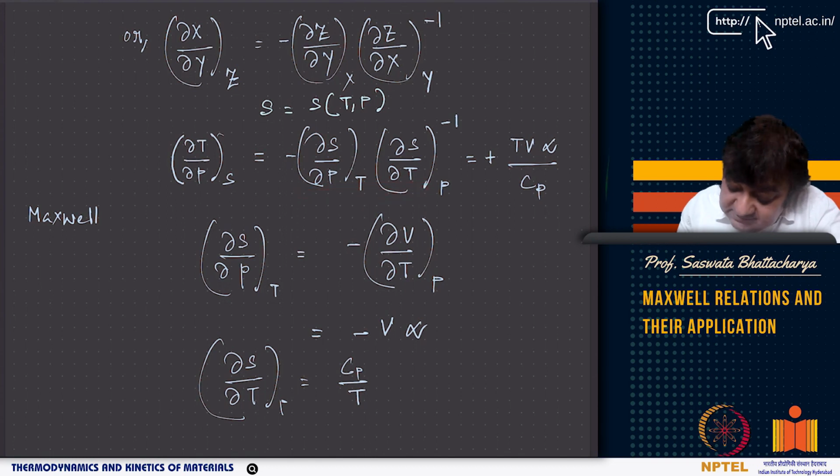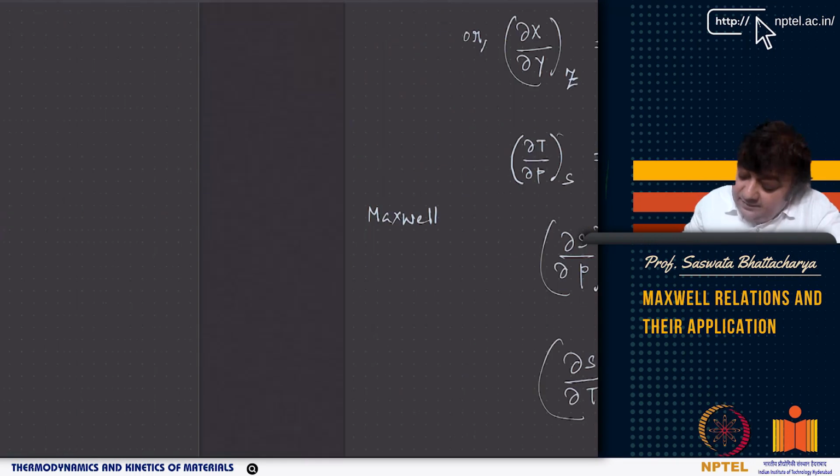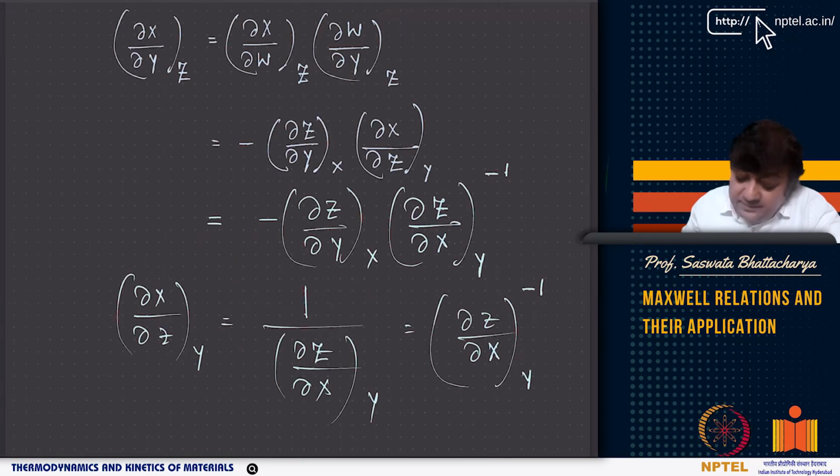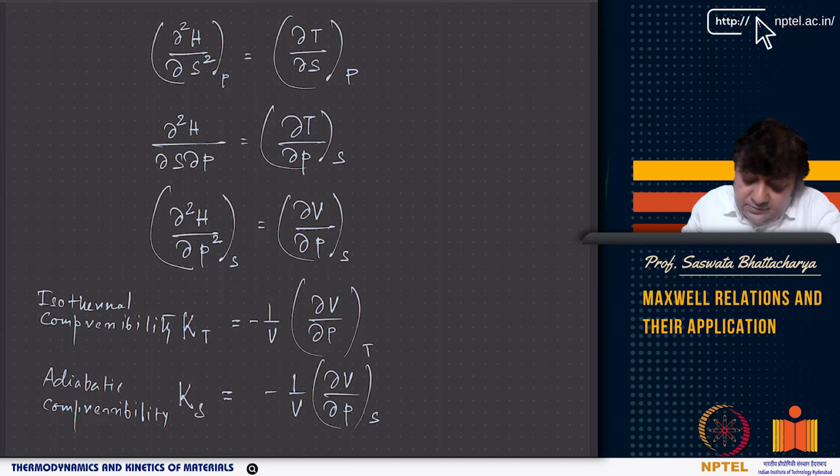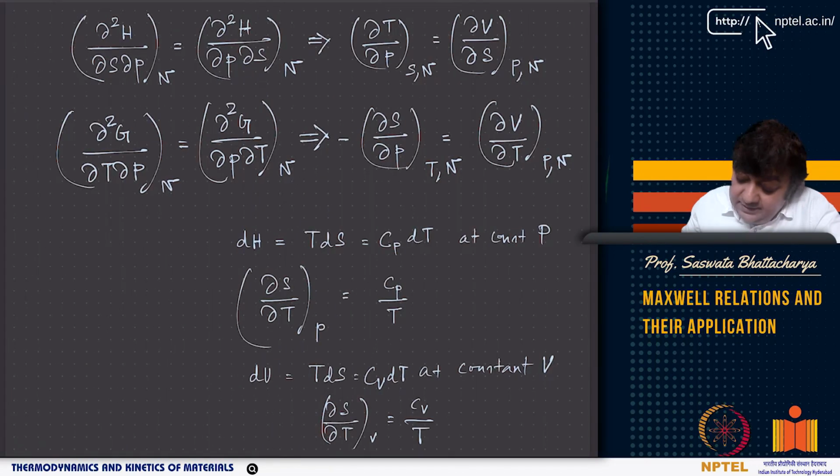Now as you can see, del s del p, what is del s del p? If you remember, or if you do not, I'll just remind you. So let us look at del s del p. So we have found this.